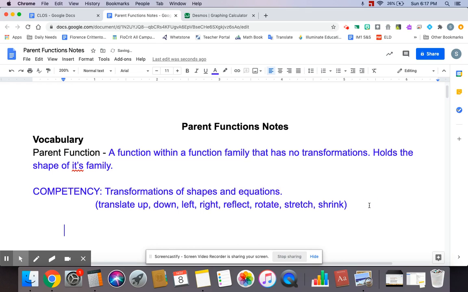Another competency that you're going to have to prove mastery on is to be able to go between representations for all function families.